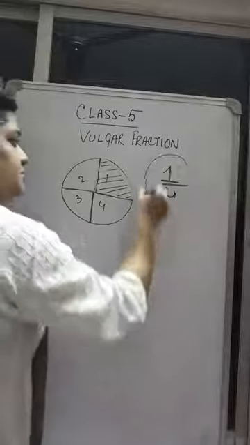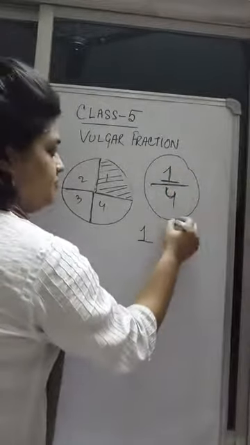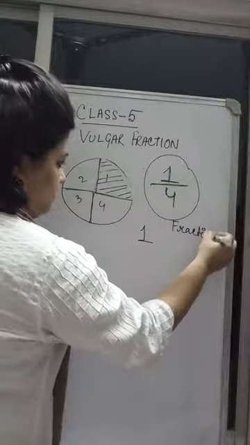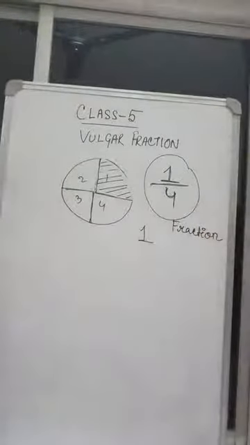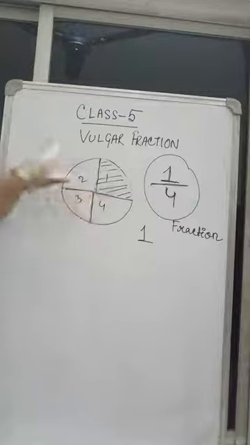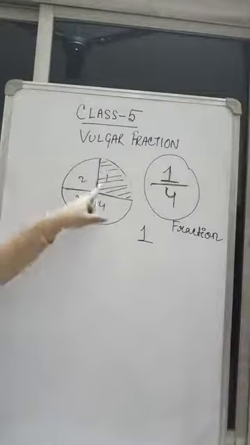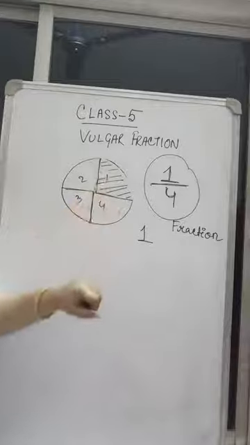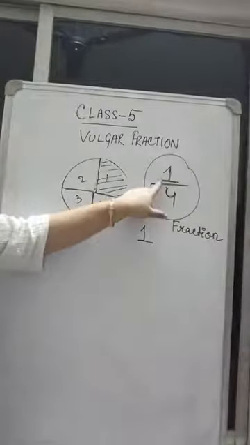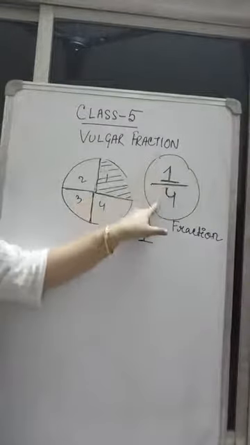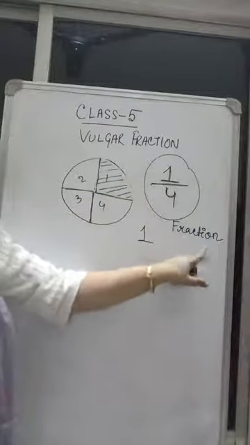Now this number is known as a fractional number or vulgar fraction. So the entire cake has been divided into 4 pieces and you only ate one part of it. So how will you tell? You have eaten only one part out of the 4 pieces. So this 1 by 4 is a fractional number.